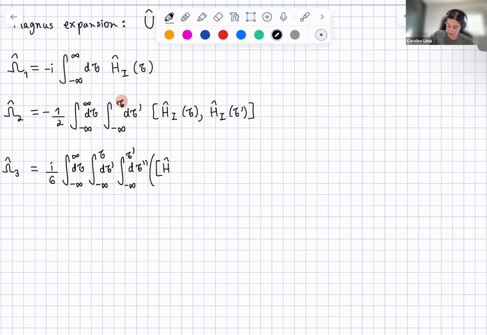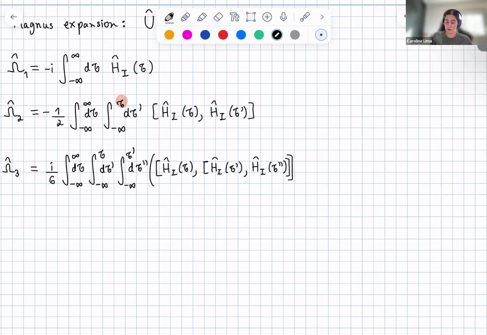So I have H_I of tau commutator with the commutator H_I of tau prime with H_I of tau double prime.